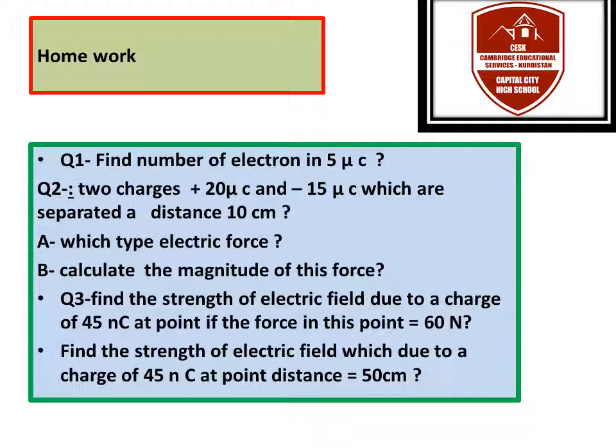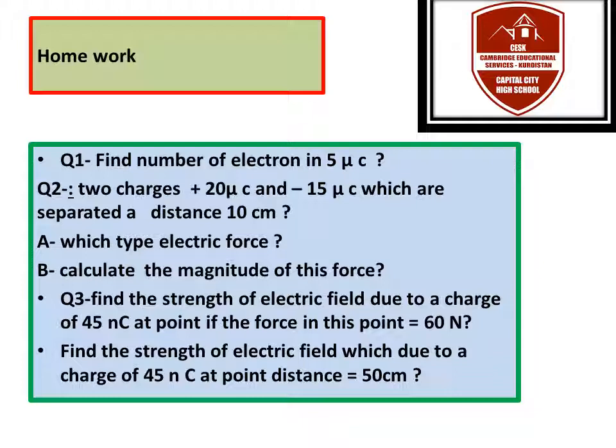I mean, we have to use E equals Kc Q over R squared. Again, E equals, instead of Kc put 9 times 10 to power 9, instead of Q put 45 nanocoulomb.